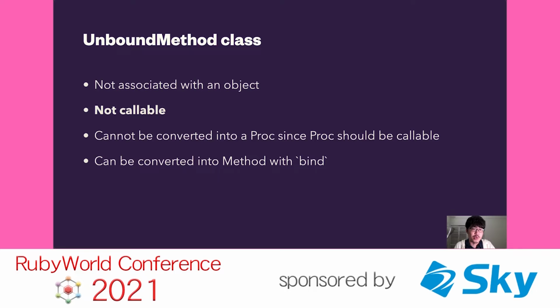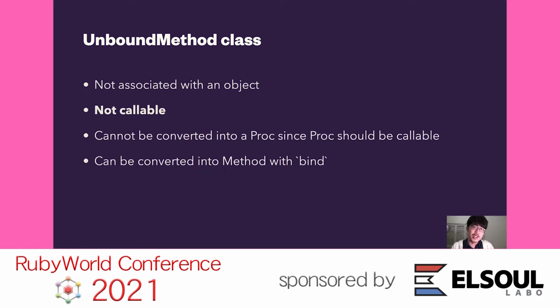This is not executable. The reason is that when we do, for example, foo.gsub, it shows a status where it doesn't show what should be substituted. That's what we call an unbound method.